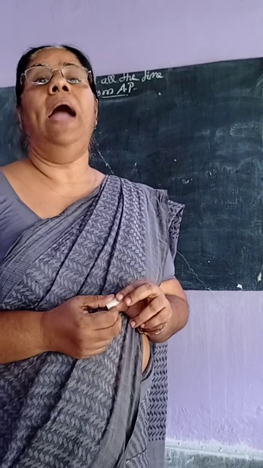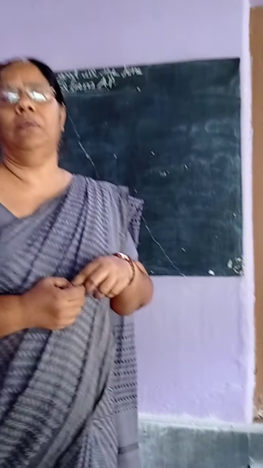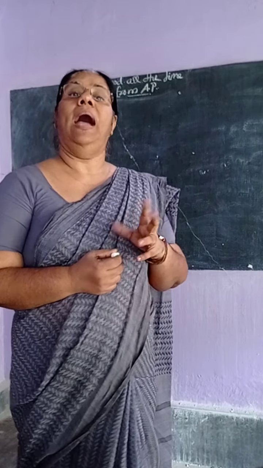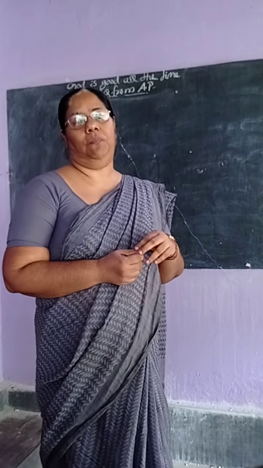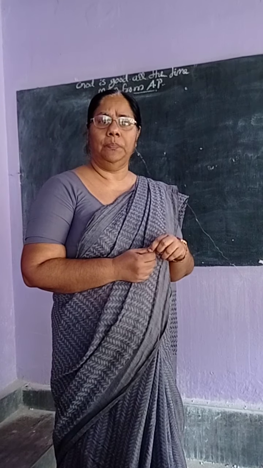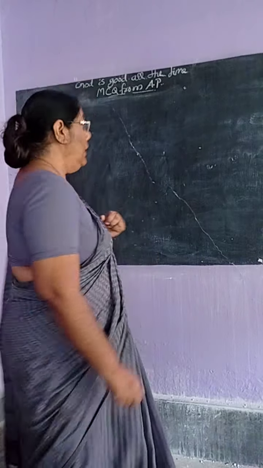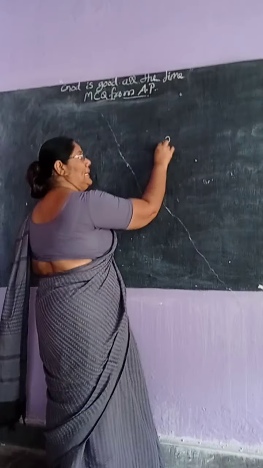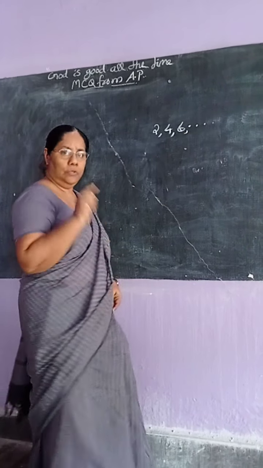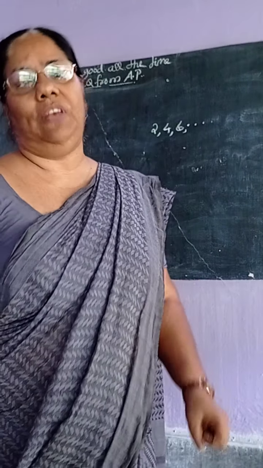Today, I would like to explain about the sum of terms in an arithmetic progression. In the previous class, I told you the meaning of a sequence of numbers. If we separate the numbers using commas, 2, 4, 6, it is known as a sequence of numbers.